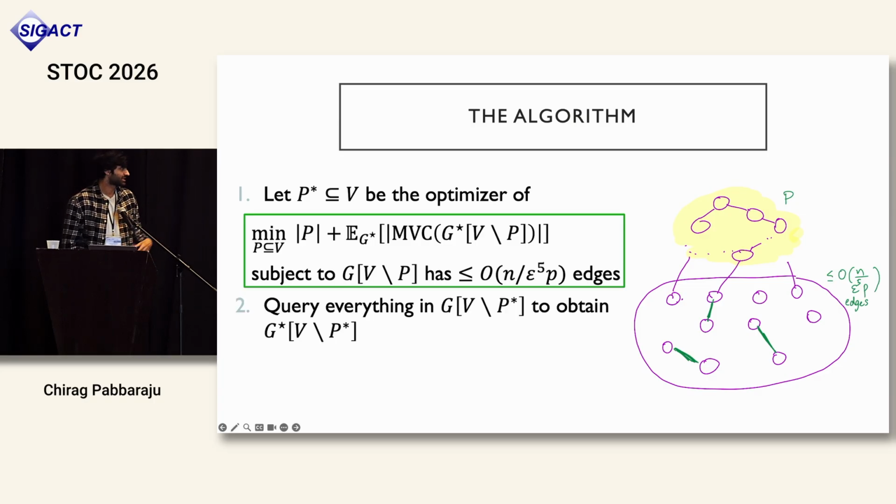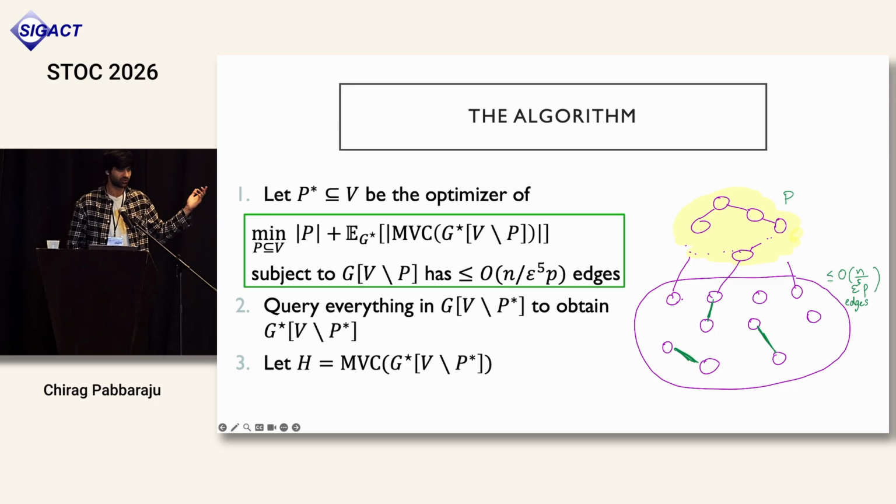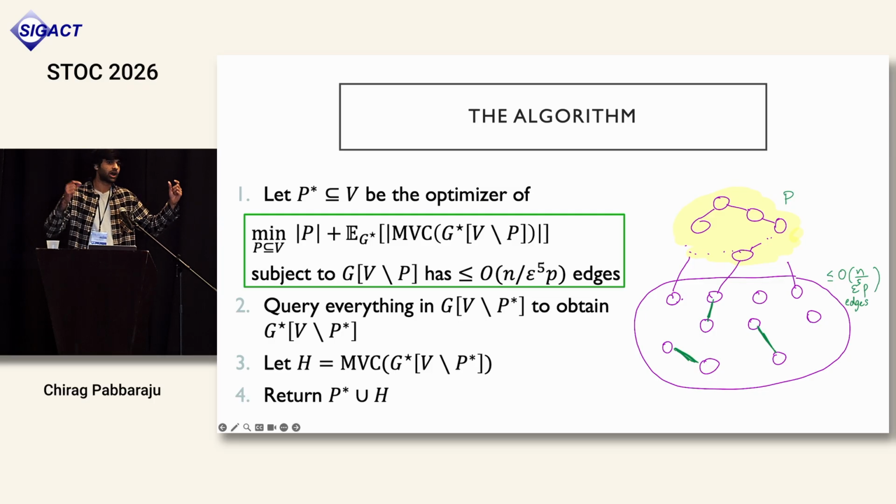Given this description of the optimization problem, the algorithm basically finds the solution to this optimization problem. Whatever is the rest of the graph, it queries everything over there, which is guaranteed to have only n over p many edges. Then the algorithm finds a minimum vertex cover for that part of the graph, given it knows its realization, and it outputs the union of the optimizer and the vertex cover in the rest of the graph.